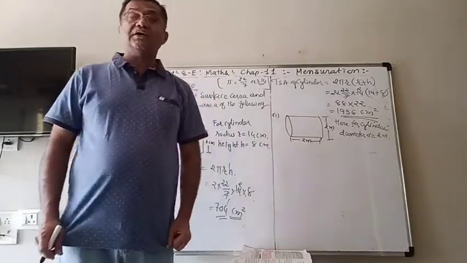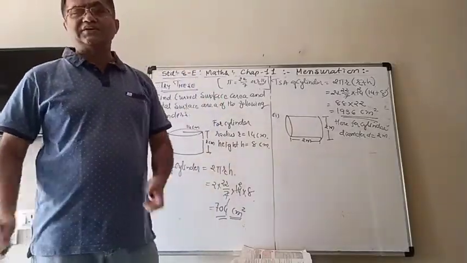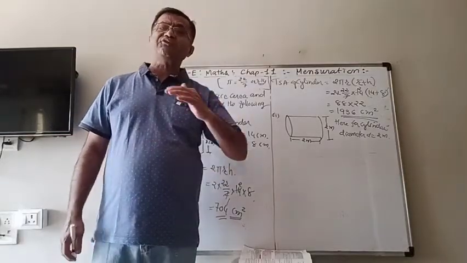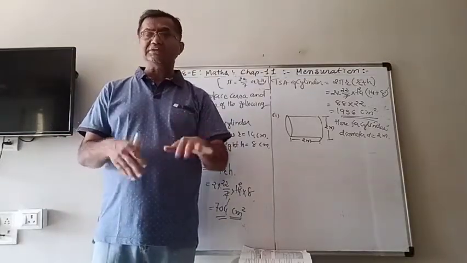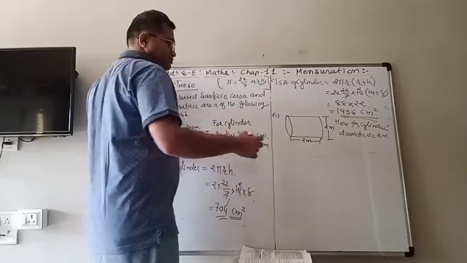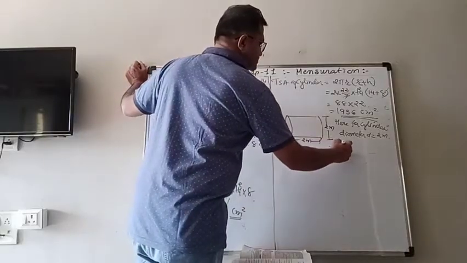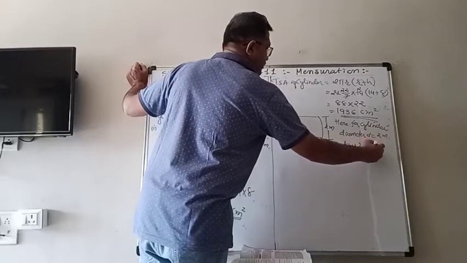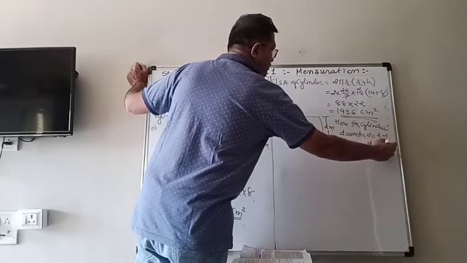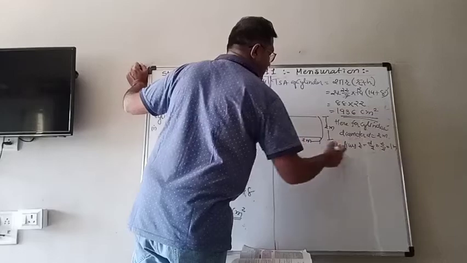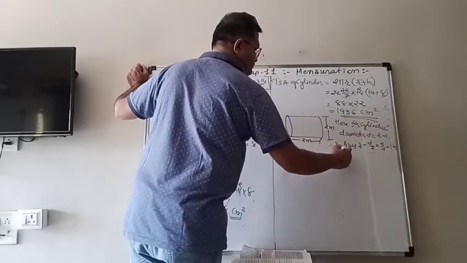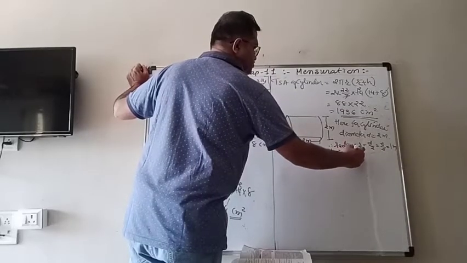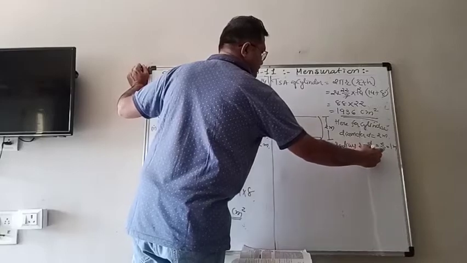We learn in the lower standard that radius is half of the diameter, diameter is double of the radius. So radius r is equal to d upon 2, 2 upon 2, that is 1 meter. And height is given, height h is 2 meter.